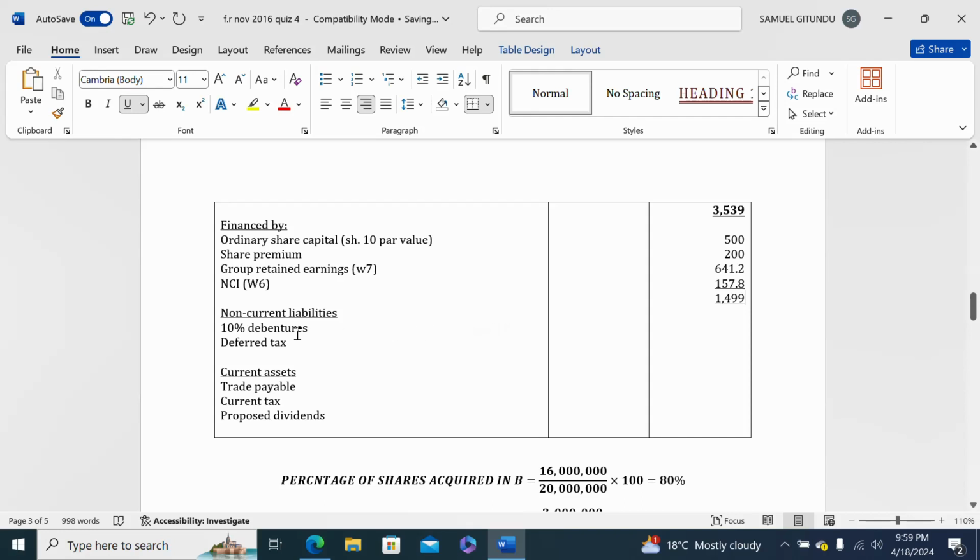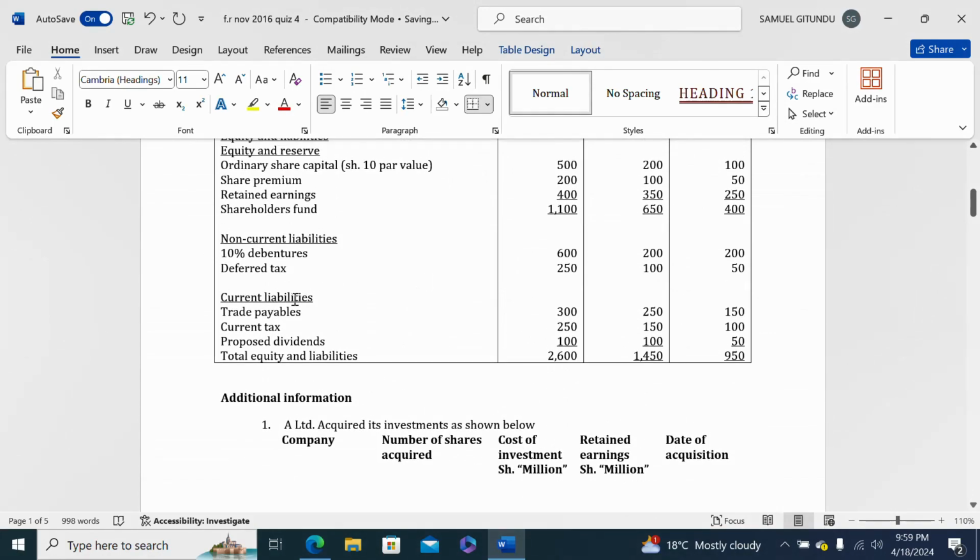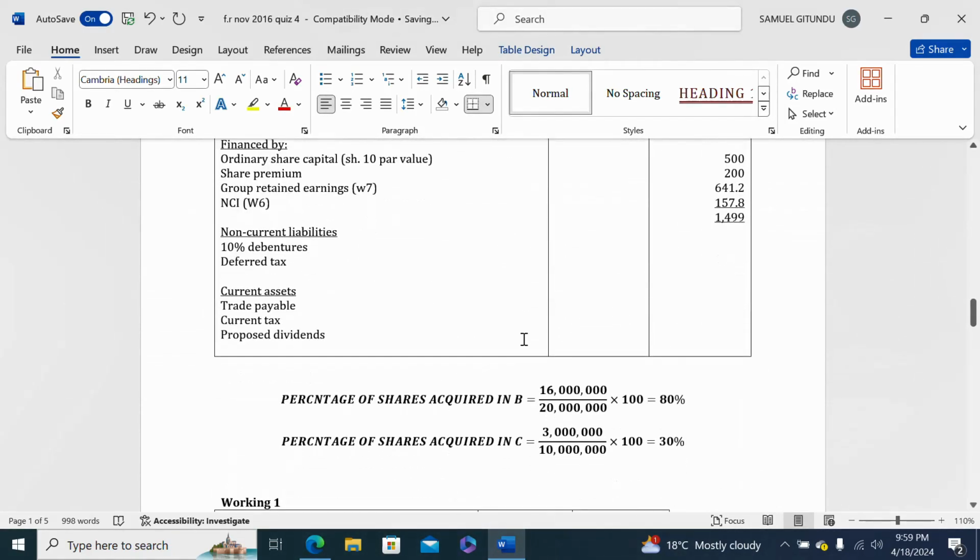So we now go to the 10% debentures. For the parent we have 600, and then you add the 10% debentures of the subsidiary which were not acquired, that is half, so it is 100.